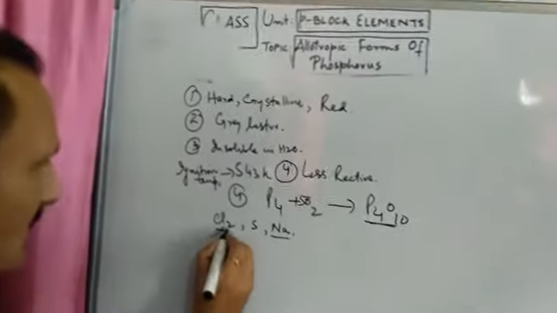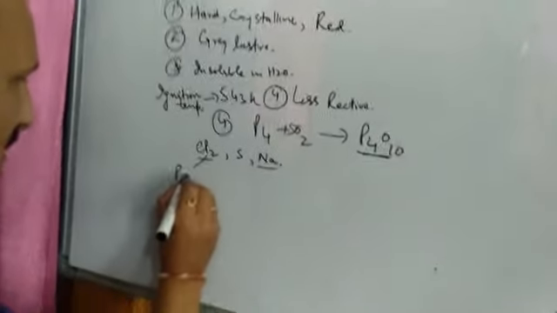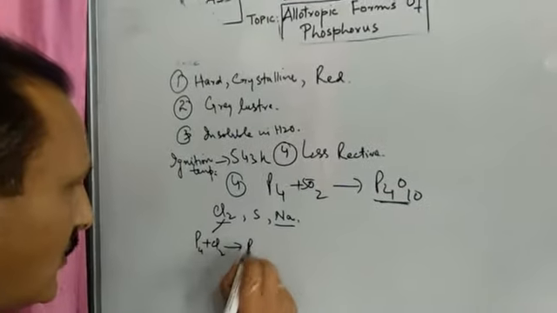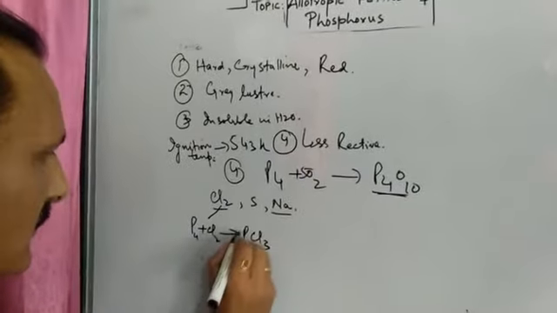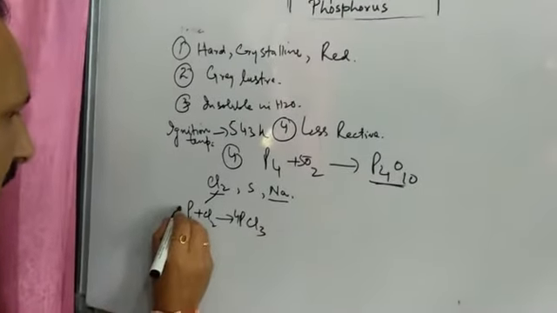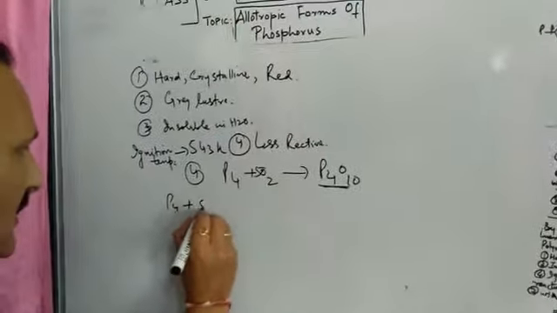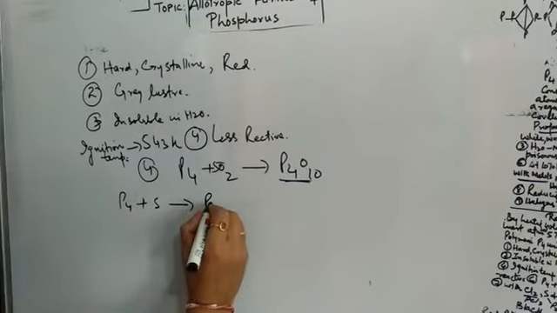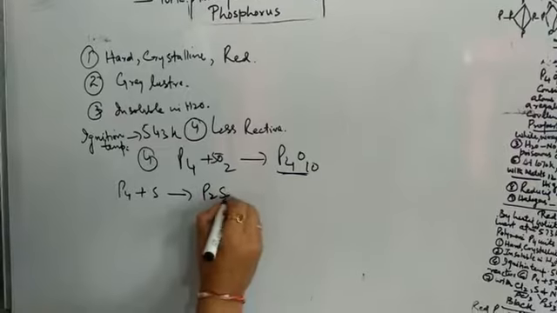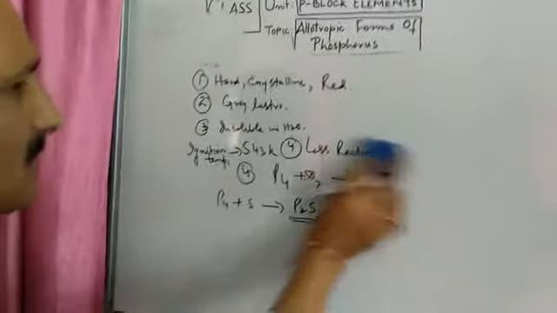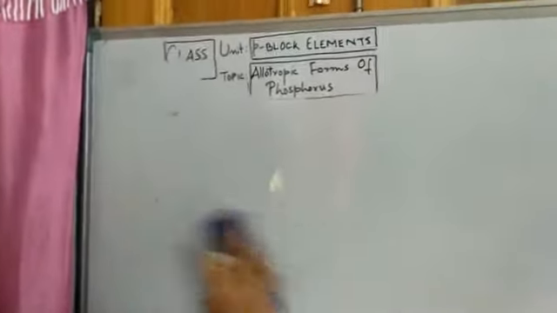For example, phosphorus plus chlorine forms phosphorus trichloride. If it combines with sulfur, it forms P2S3, that is phosphorus sulfide. It is again a salt. So these are some properties of red phosphorus.